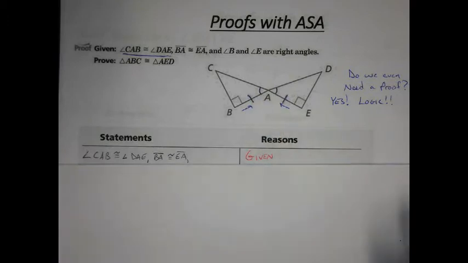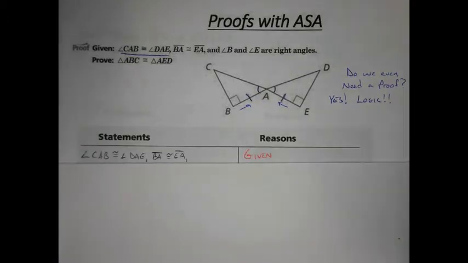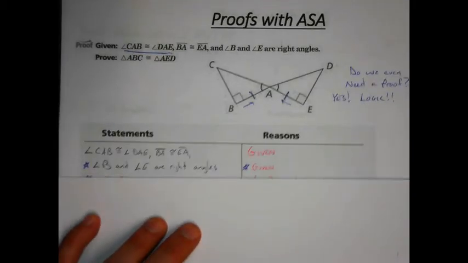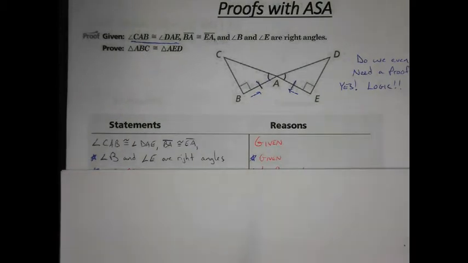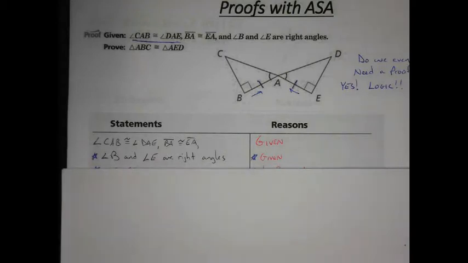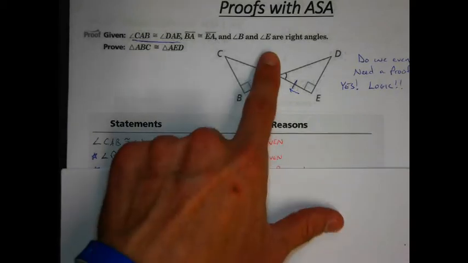Now, I'm going to separate that third given out, and I'm going to put a star next to that because it's a very important logical reason I did that. I'm separating out that third given, that angle B and angle E are right angles. That is also given. Why am I separating that out? Because notice what this doesn't tell us.